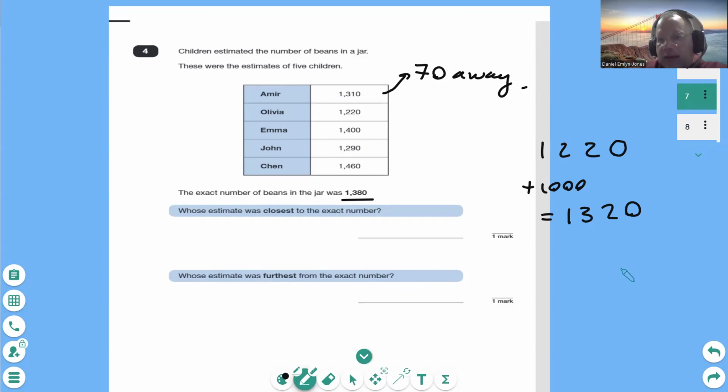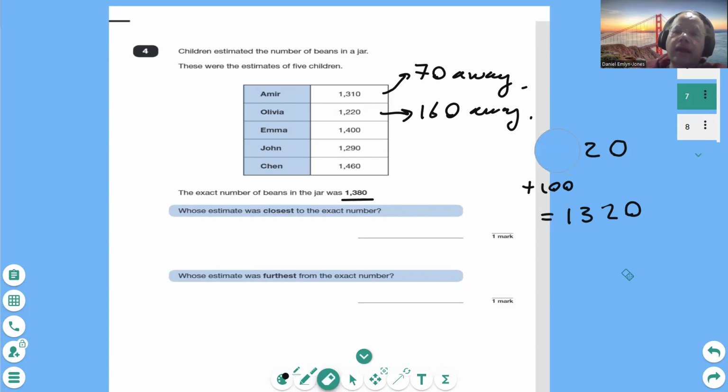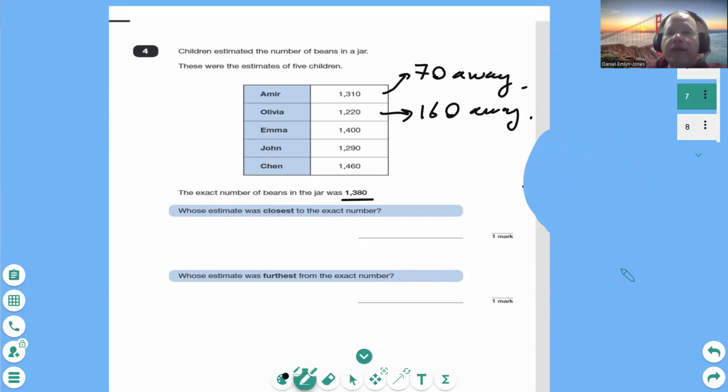That's 100. Oh, I said 1,000. I'm going mad. 100, thank you. So that's going to be 20, 30, 40, 50, 60, 70, 80. That's 160 away, isn't it? Unless I'm going mad, 160, I think. Yeah, I think that's right. I'm not going mad.